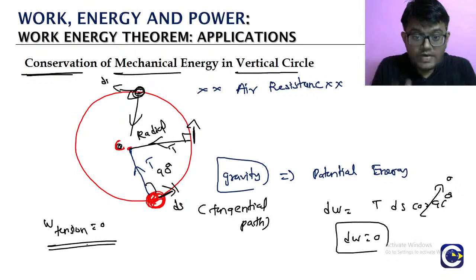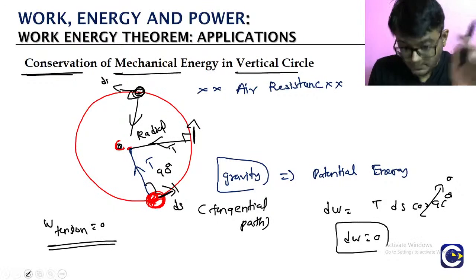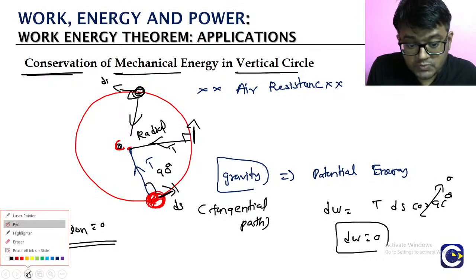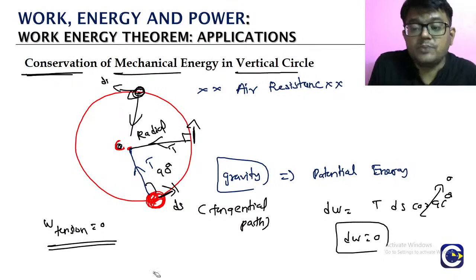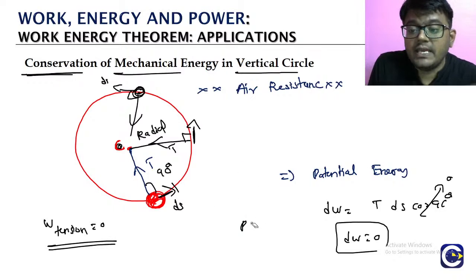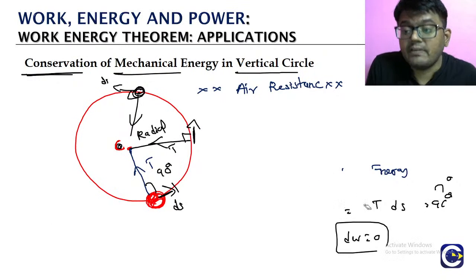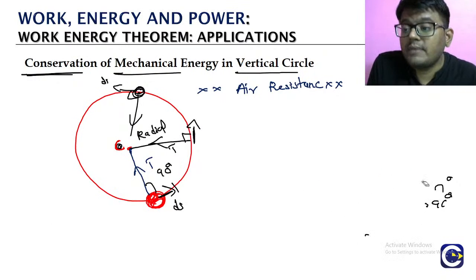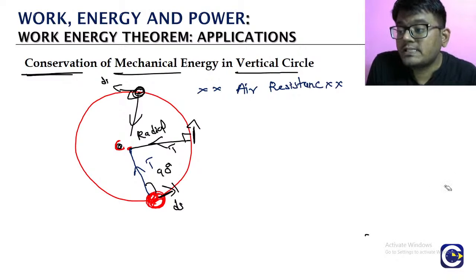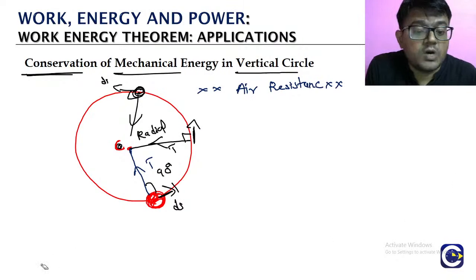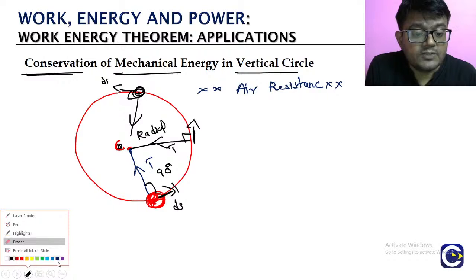So work done by the tension force in the vertical circular motion is 0, which means, because there are no other non-conservative forces, straight away we have the result: work done by the non-conservative forces and other external forces is 0.